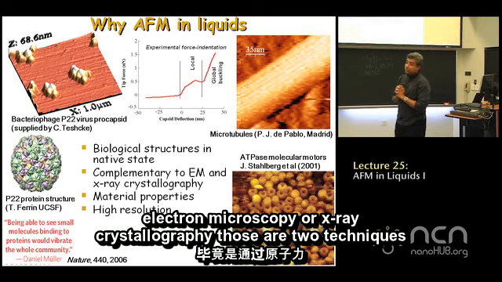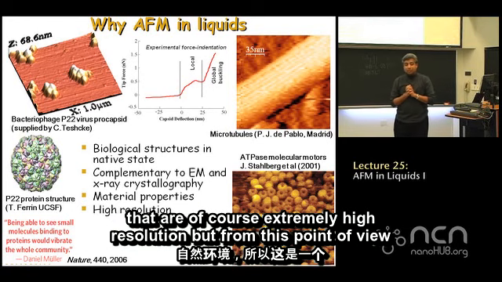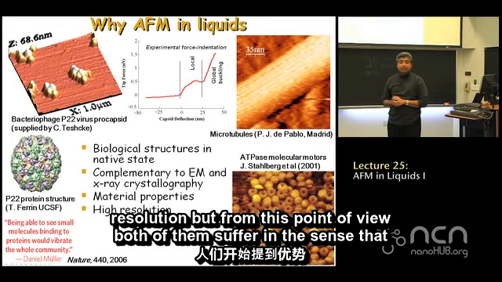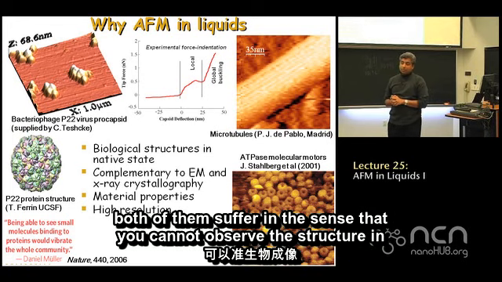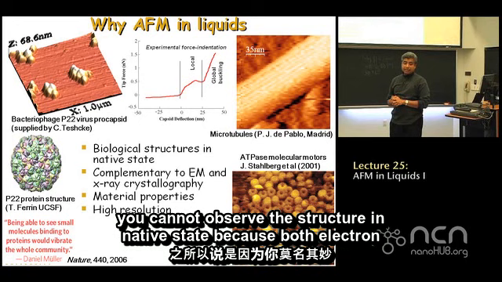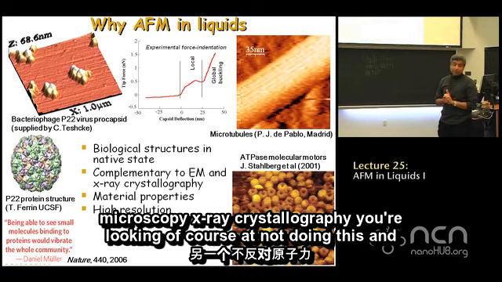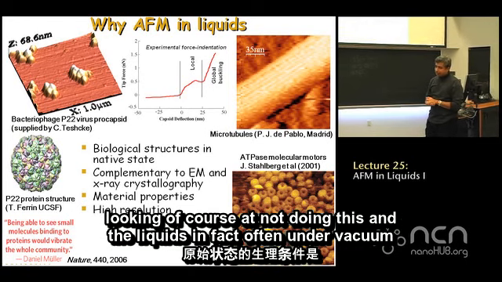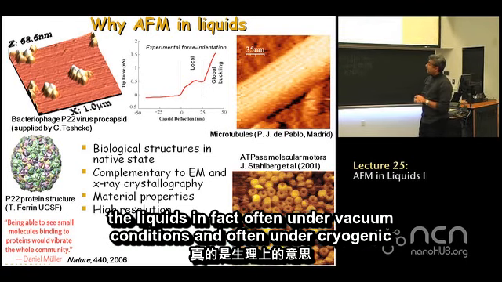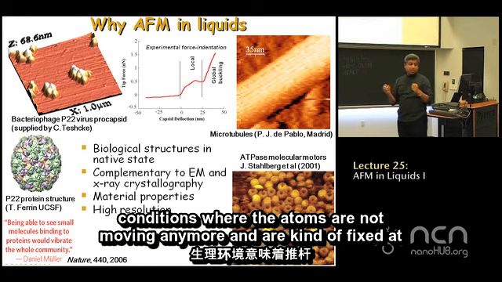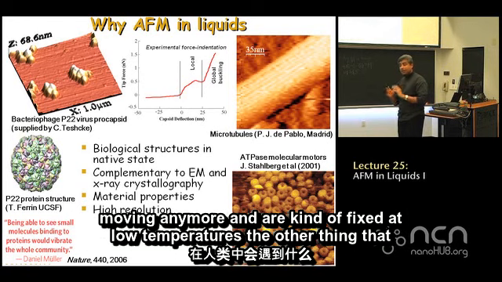Those are two techniques that are, of course, extremely high resolution, but from this point of view, both of them suffer in the sense that you cannot observe the structure in native state. Because both for electron microscopy and X-ray crystallography, you're not doing this under liquids. In fact, often under vacuum conditions, and often under cryogenic conditions where the atoms are not moving anymore and are kind of fixed at low temperatures.